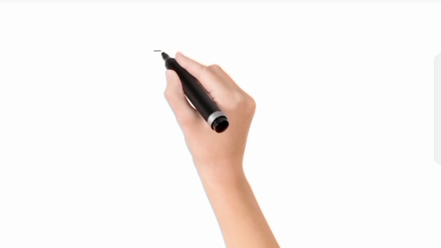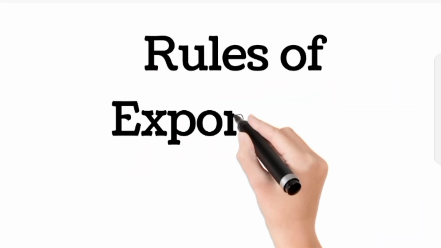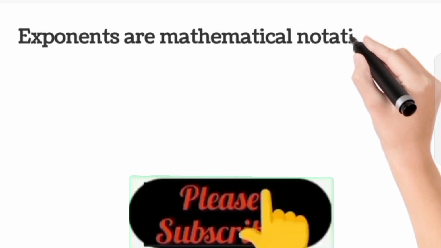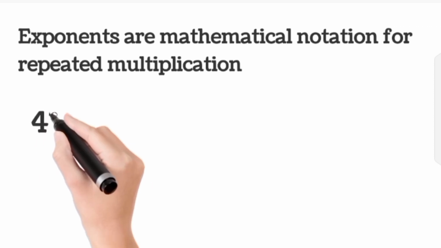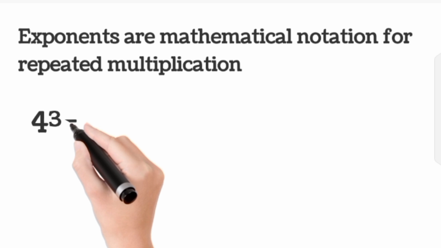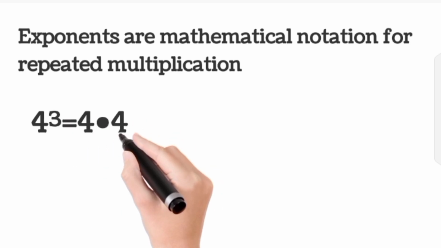Our topic for today is the rules of exponents. What are exponents? Exponents are mathematical notation for repeated multiplication. We have 4 cubed, or 4 to the power 3, which equals 4 times 4 times 4.